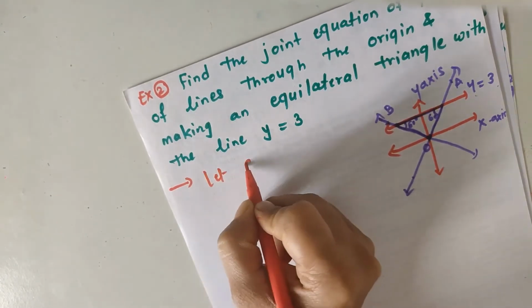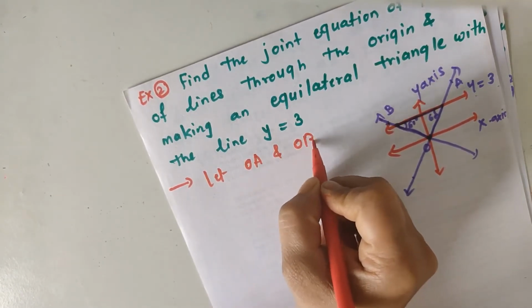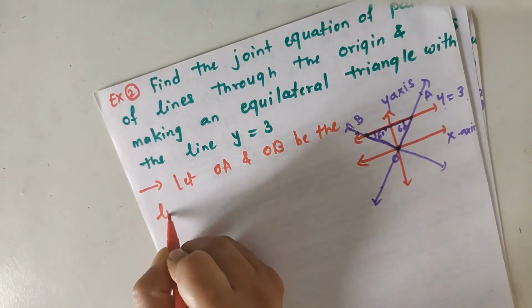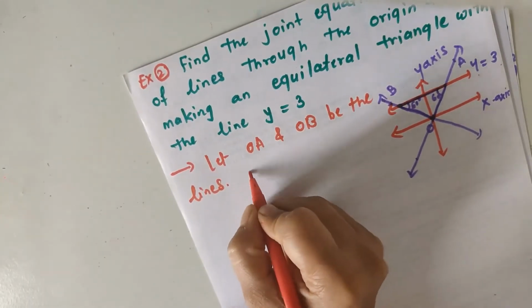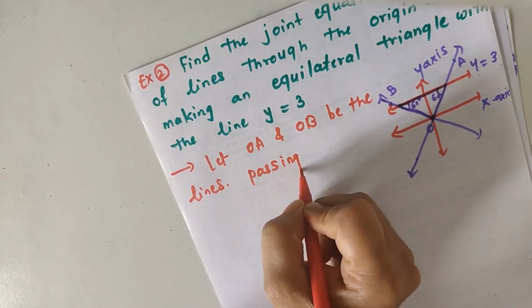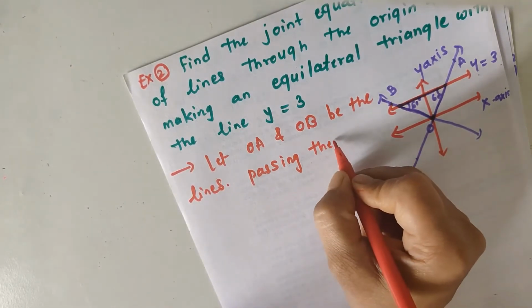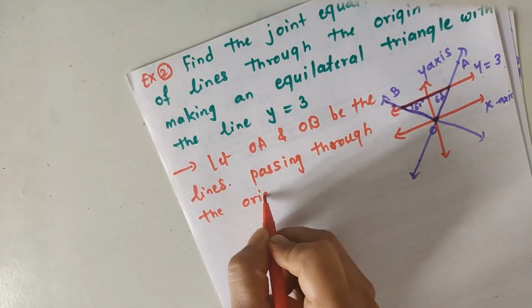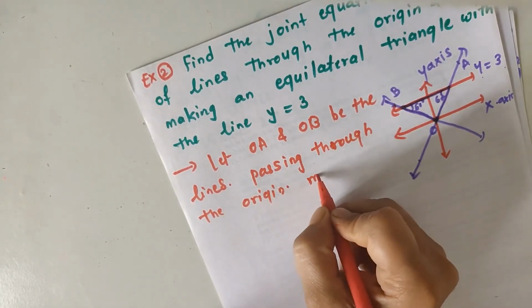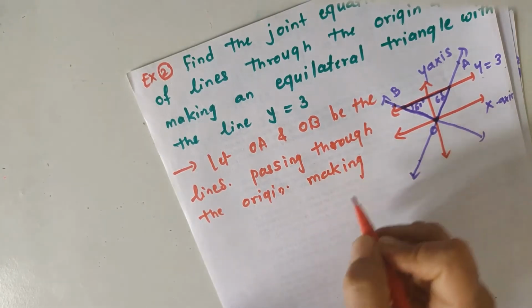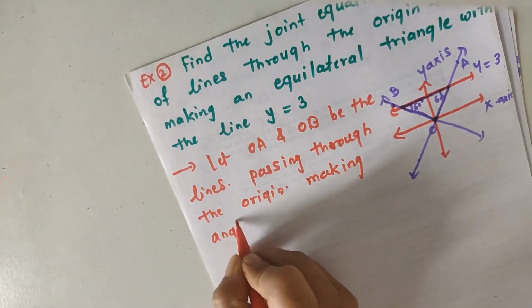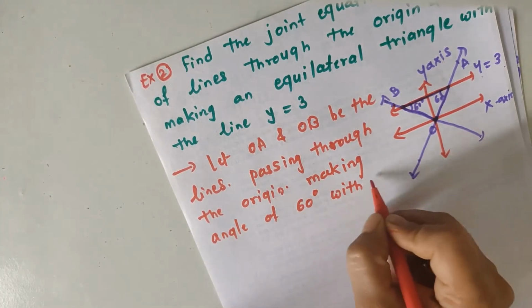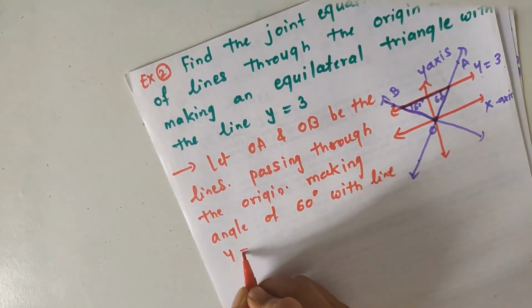Let OA and OB be the lines passing through the origin making an angle of 60 degrees with the line y equal to 3.